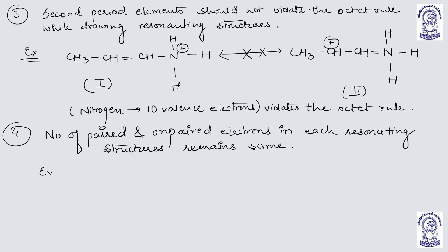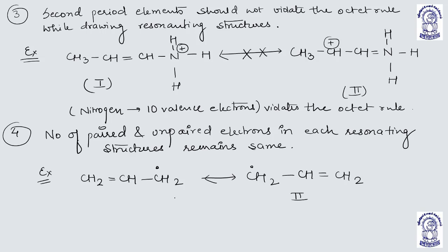For example, this is the second resonating structure, this is the first resonating structure. Here both are resonating structures, because the number of unpaired or paired electrons remains the same.